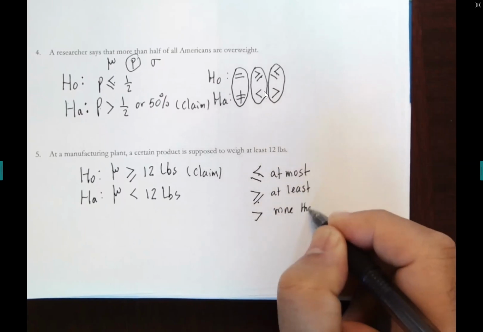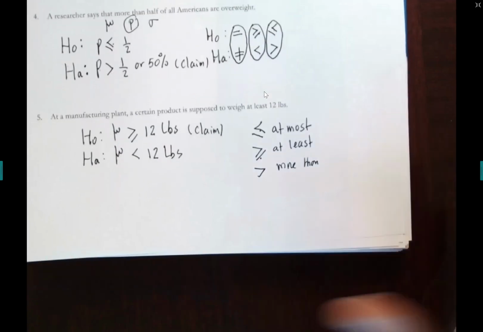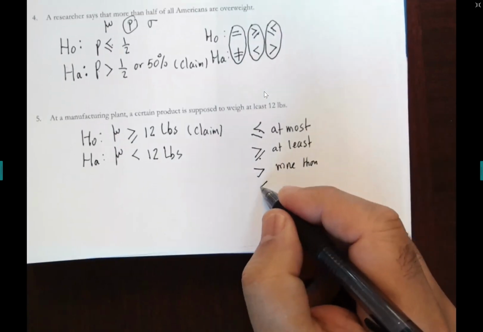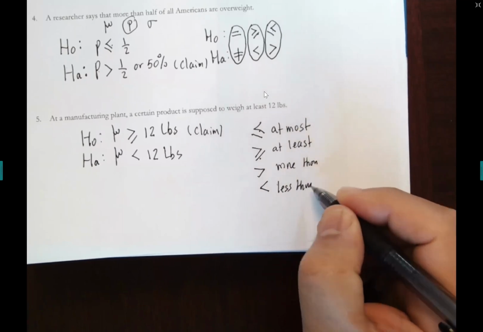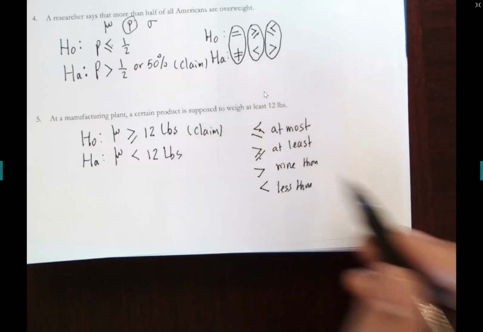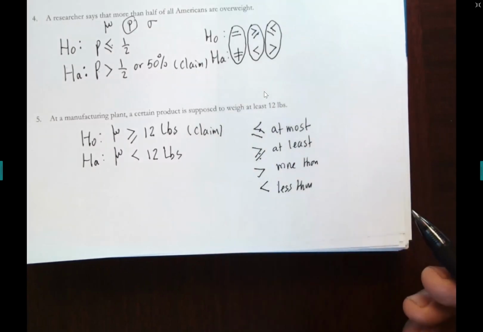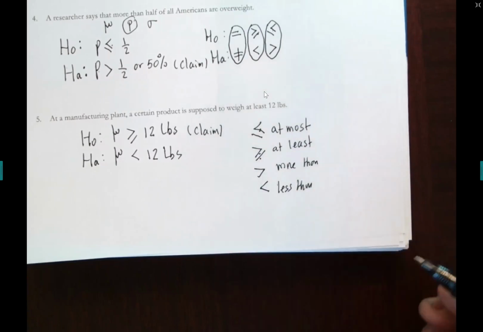There are many times where students know exactly what they're doing, but they mix up the signs and then end up doing the wrong work. So this is less than or equal to, guys, and this is greater than or equal to. In the book, he says probably at most or at least. So it's good to know those signs.